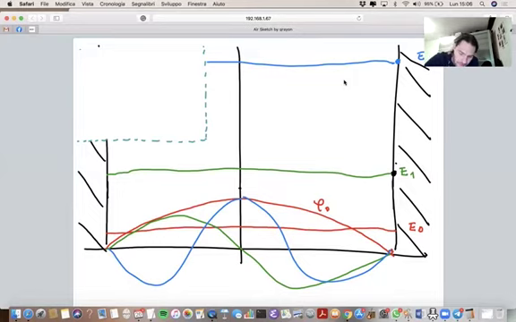The first observation is that the ground state energy, the smallest energy you have here, is non-zero.